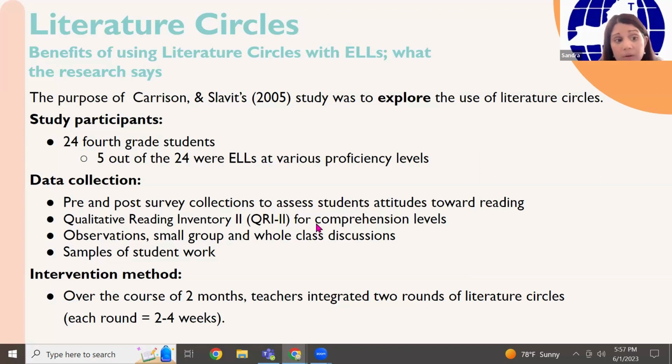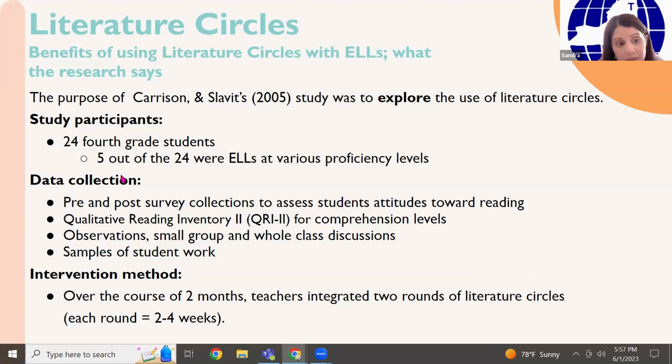So I wanted to share this particular research done by Carson and Slavitz in 2015. It was an exploratory study around the use of literature circles. This research focused on elementary students, but we can see how it correlates with high school students because the format of the literature circles is the same.